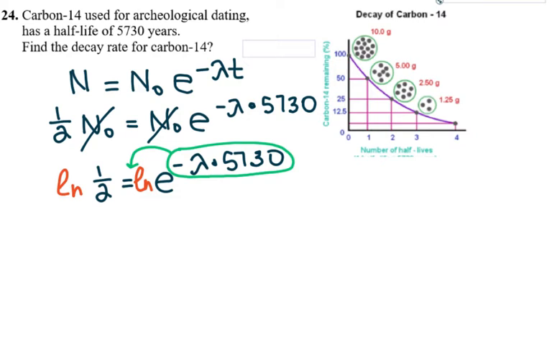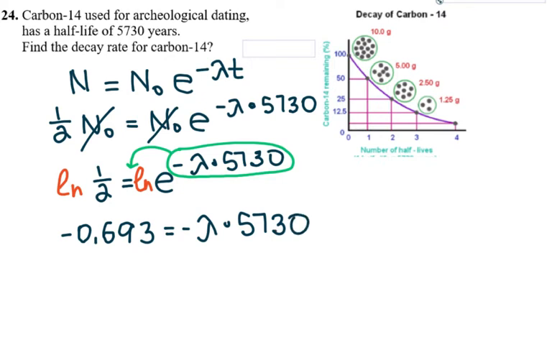So I'm going to have the natural log of 1/2, which is negative 0.693, and equals, the natural log of e is going to be 1, so I'm going to have negative lambda times 5,730.